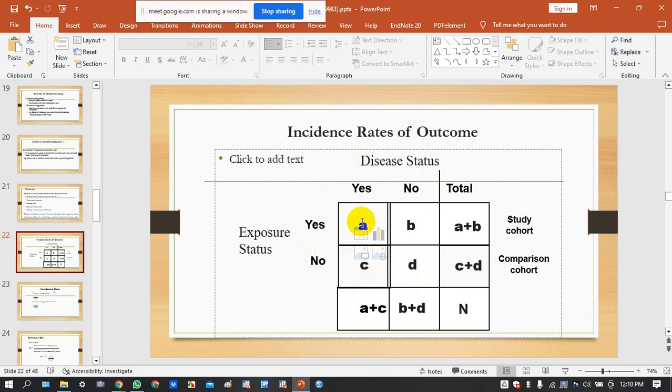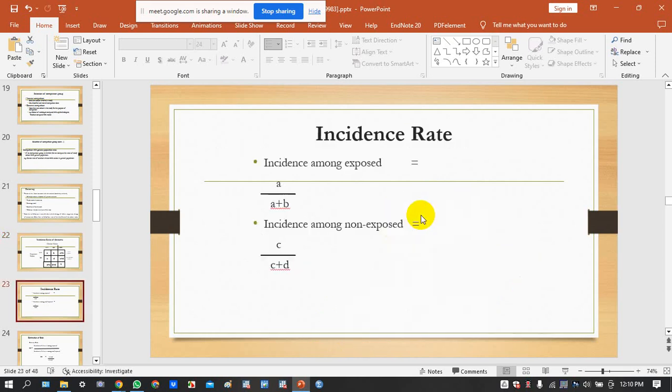Over here, for the total study cohort, we have A and B, A plus B being those with the exposure, then C plus D being the comparison group or the control. Here A plus C, we just add them, B plus D. Okay, so let's go.